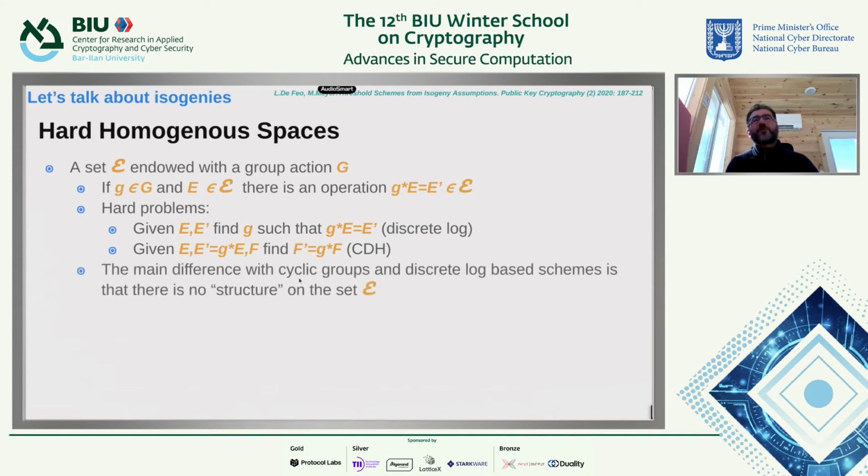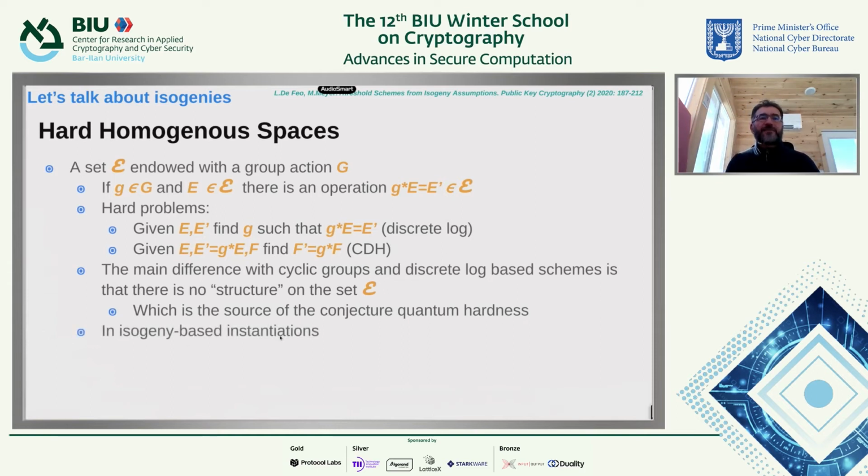The main difference with cyclic groups and discrete log is that there is no structure on the set E. If I give you two curves, it's not like you can multiply them together or something like that, right? So this is the source of the conjectured quantum hardness of these two problems.